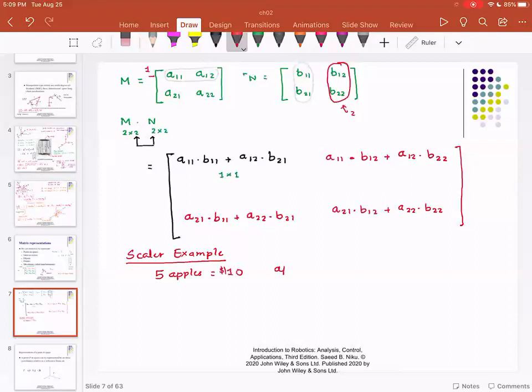So to find out the price of an apple, I do something like this: 5 inverse times 10, which is nothing but 10 divided by 5, and is equal to 2. Now let me take a matrix vector example.